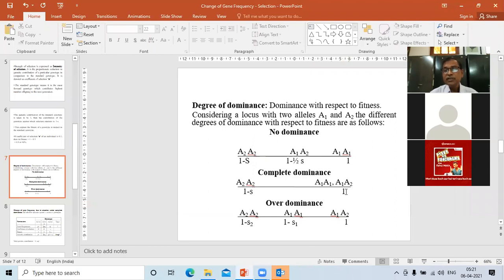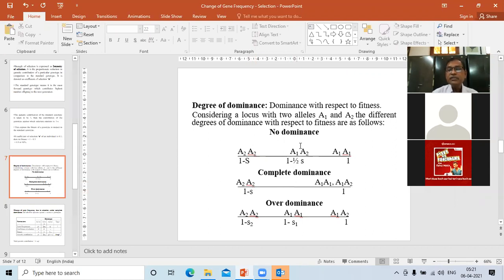That means it produces 100 zygotes for the next generation. And in comparison to the genotype against which selection operates, that is A2A2, homozygous recessive, whose coefficient of selection is S, its fitness is equal to 1 minus S. Clear? So this is the complete dominance.